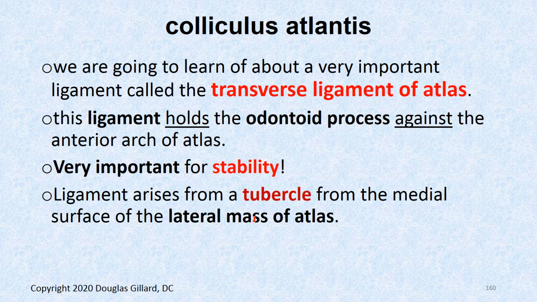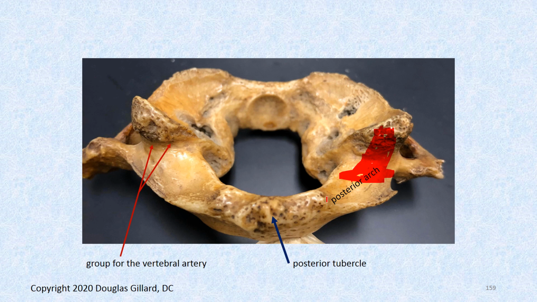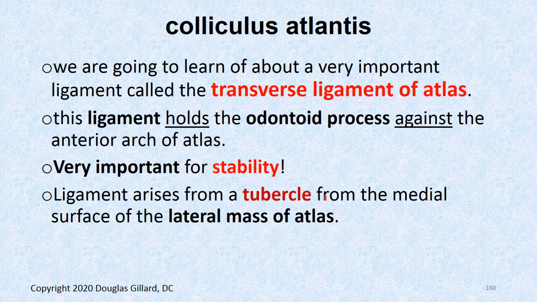Okay, colliculus atlantis. Can we see it here? It's not very good. I got a better picture. So this important transverse ligament of atlas runs between the colliculus atlantises. There's one of these things on the lateral mass, and they hold the odontoid process in place. They're very important.